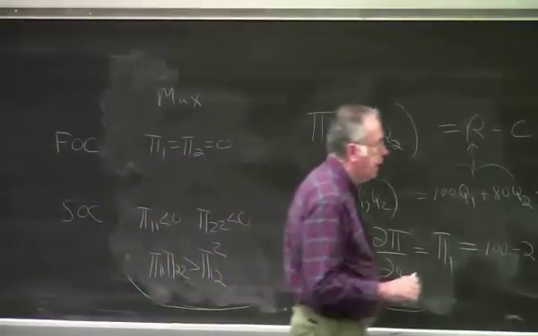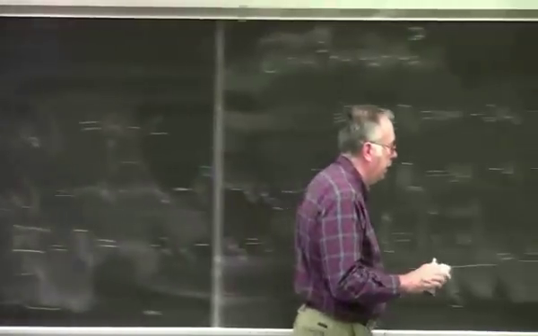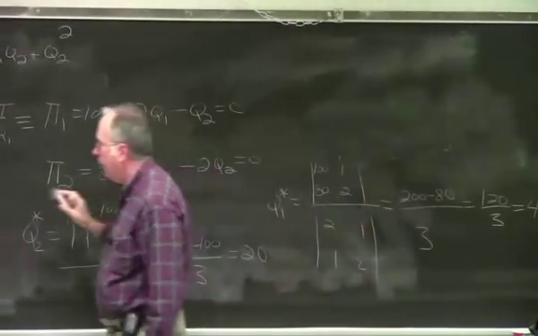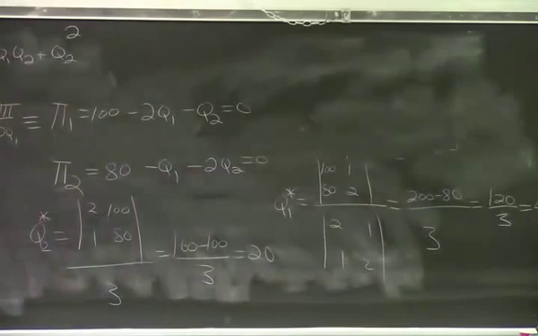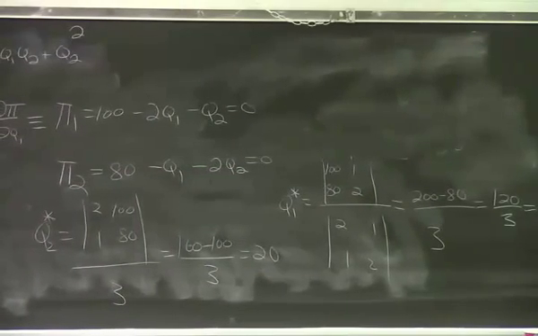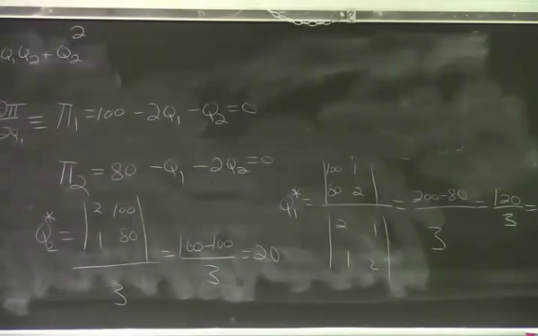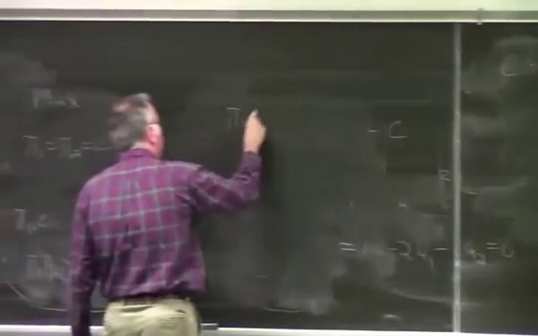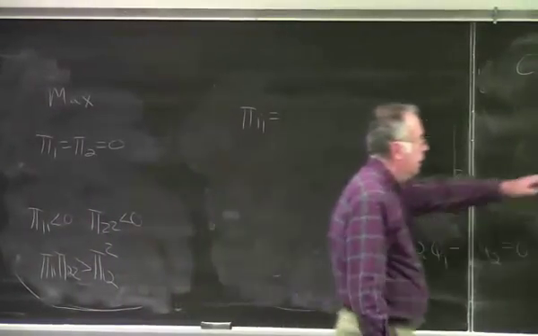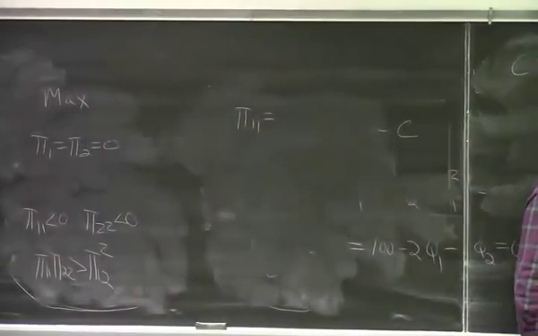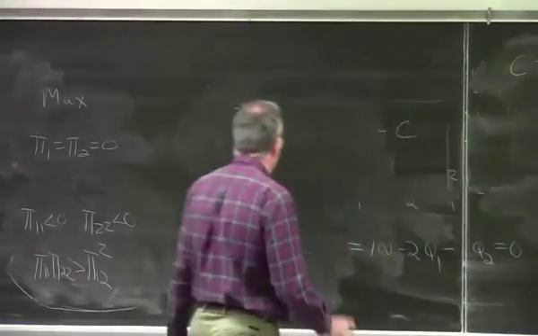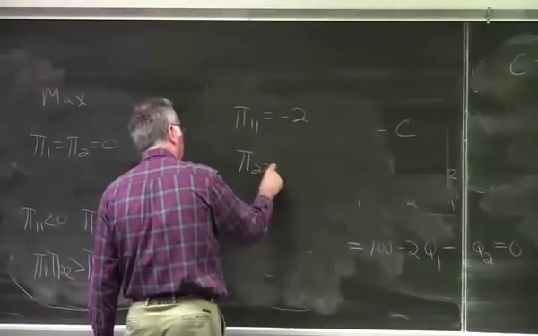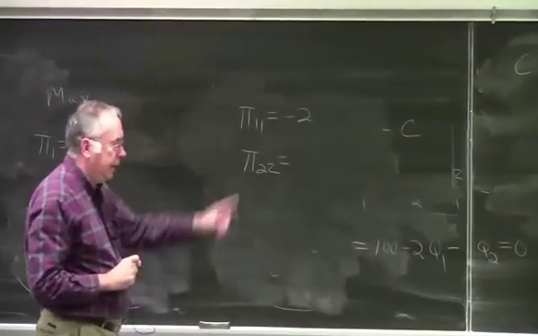Now, what is pi sub 1, 1? Pi 1, 1, negative 2. It's negative, so that's good so far. What about pi 2, 2? Yeah, negative 2.